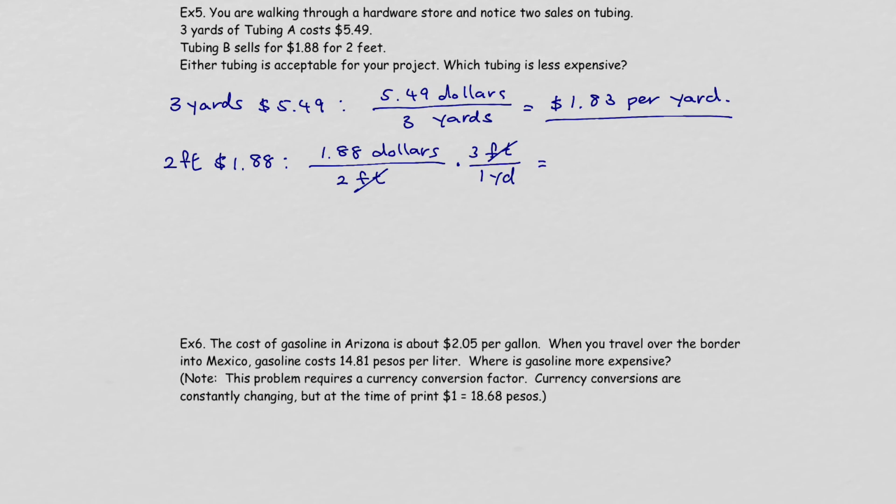So then you're going to do 1.88 times 3 divided by 2, which gives you dollar on the numerator, so it will be $2.82 per yard, with only yard remaining on the denominator. So that's the per yard pricing for the second option. And it looks like A is less expensive. Option A.